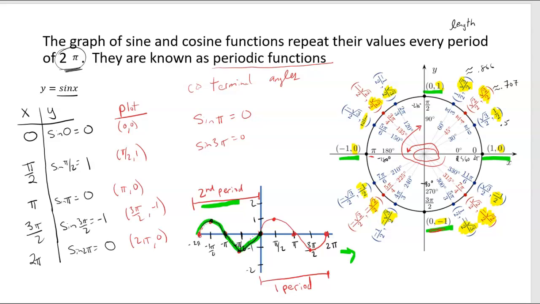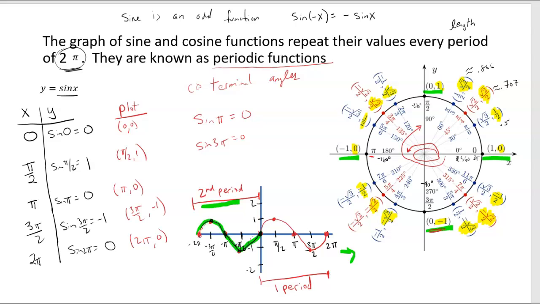Now, the great thing about sine, okay, that might be helpful, is that sine is an odd function. It's not too important right now, but it's going to be important in a couple chapters. And all this means is that if you take the sine of a negative value, it is the same thing as saying negative sine of your positive value.